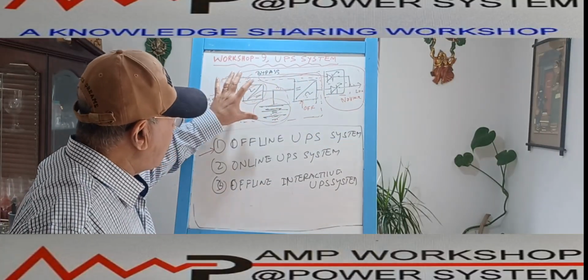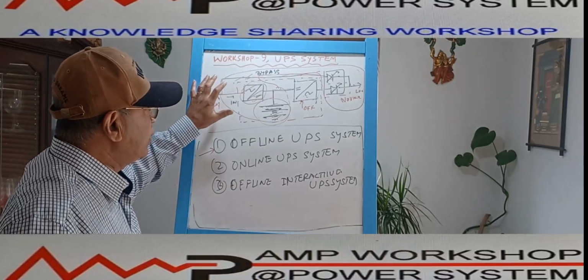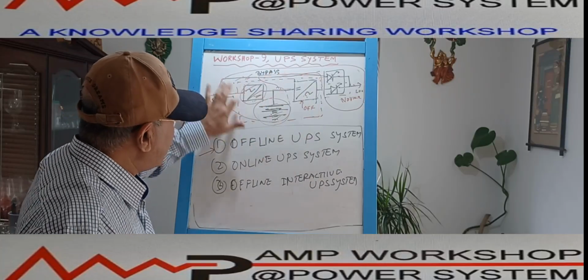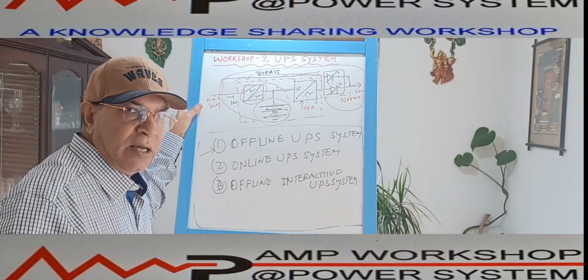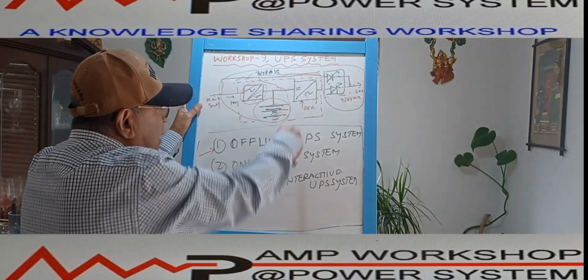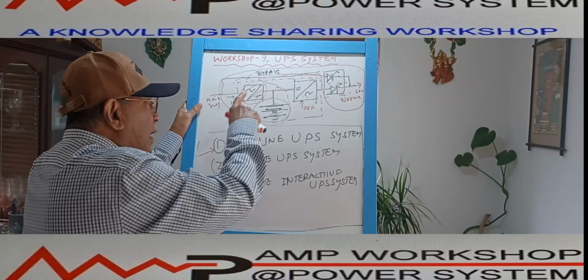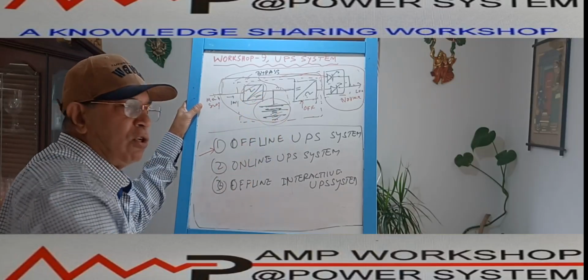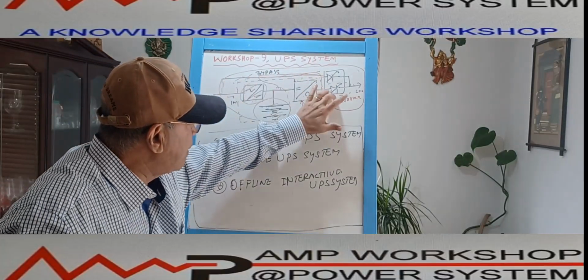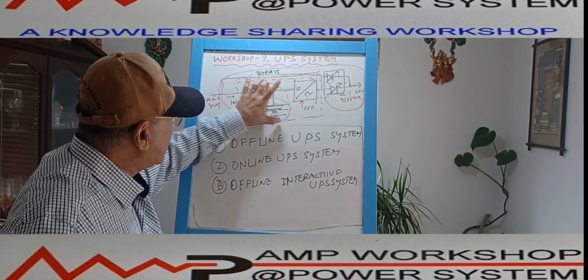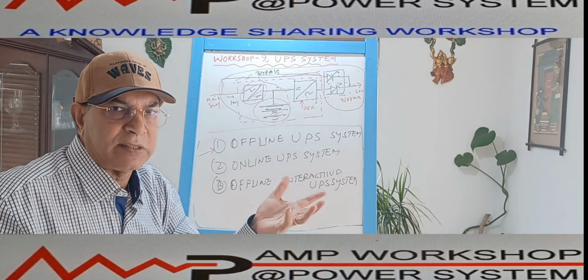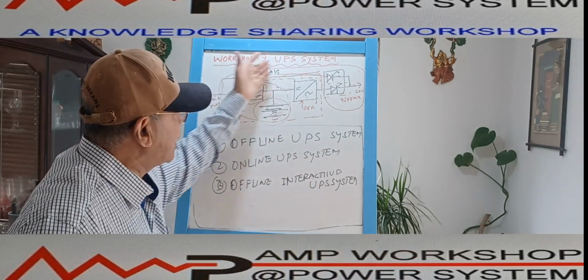So in case of offline UPS, the advantage is that we can reduce the rating or sizing of the equipment, which will reduce the capital cost, and it will also reduce your total electric bill, because most of the time, 95% of the running time, it is running through the bypass, and the UPS losses apply only 1 to 5% of the time.